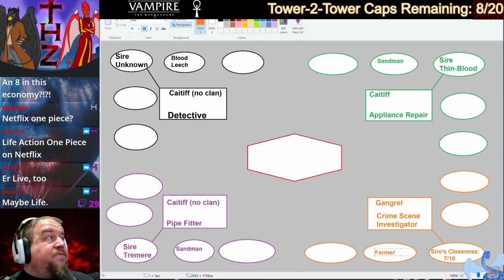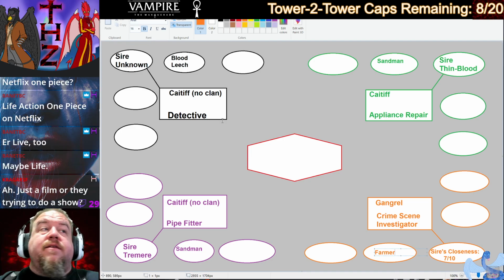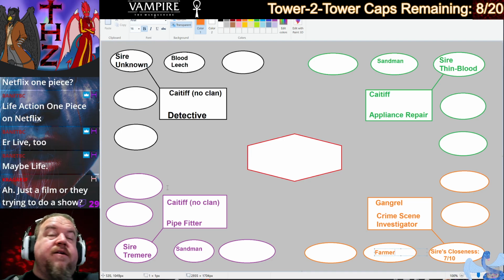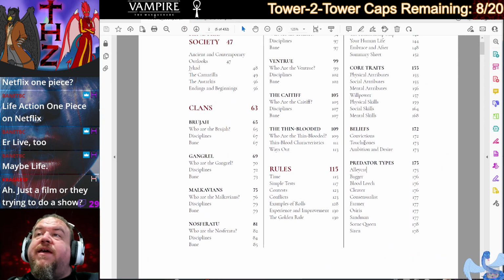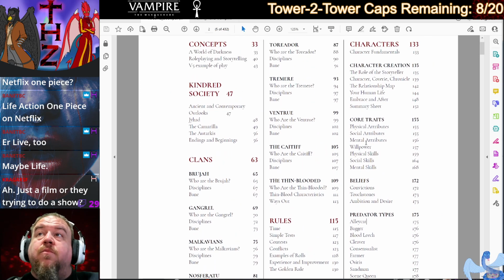And now that we have those aspects that we can mix in, along with things like touchstones, which are a way for you to be anchored to the mortal world.